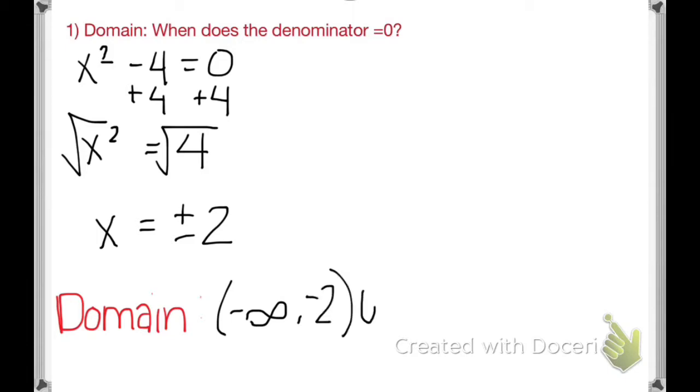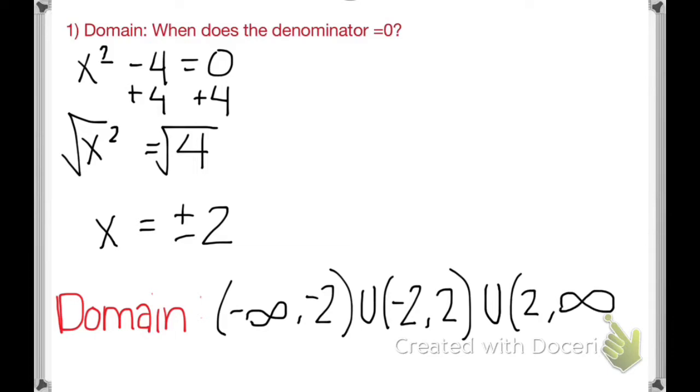And we're going to use parentheses to say that negative 2 is not included. So we're going to move on to say that negative 2 to 2 is also part of our domain, and 2 to infinity is part of our domain. So this is all one long domain statement.